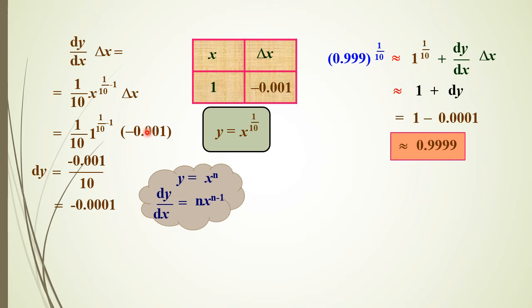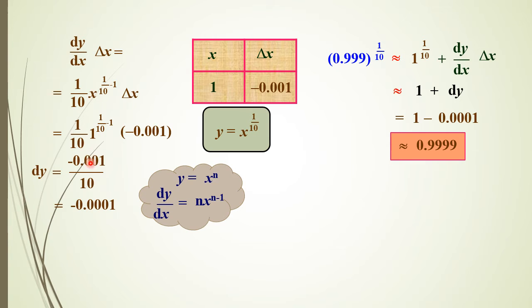We have chosen this value already. After simplifying this full term you will be getting minus 0.001 divided by 10, then after simplifying again, minus 0.0001.